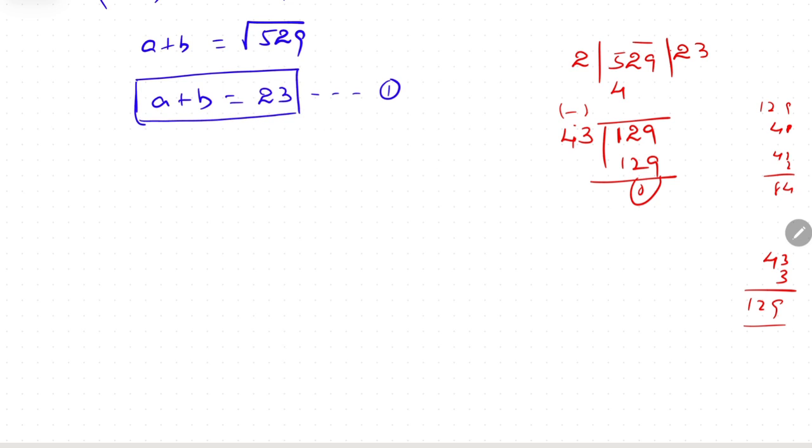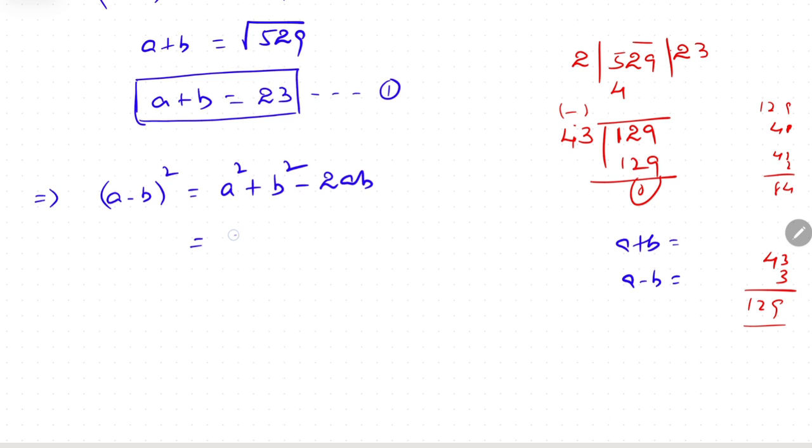Now, as we got the a plus b value, we also have to find a minus b. Similarly, for a minus b, we write a minus b whole power 2, which on expansion is a power 2 plus b power 2 minus 2ab. Now we know a power 2 plus b power 2 is 289, minus 2 into a into b value 120.